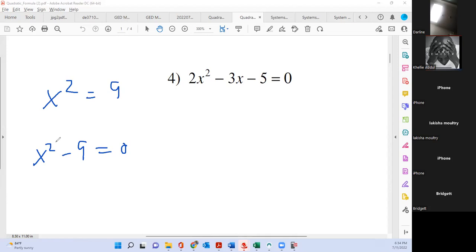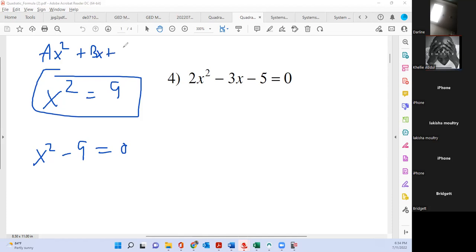This is not in standard form, because remember, ax squared plus bx plus c equals 0. So in order to make this standard form, I have to subtract 9 from both sides.